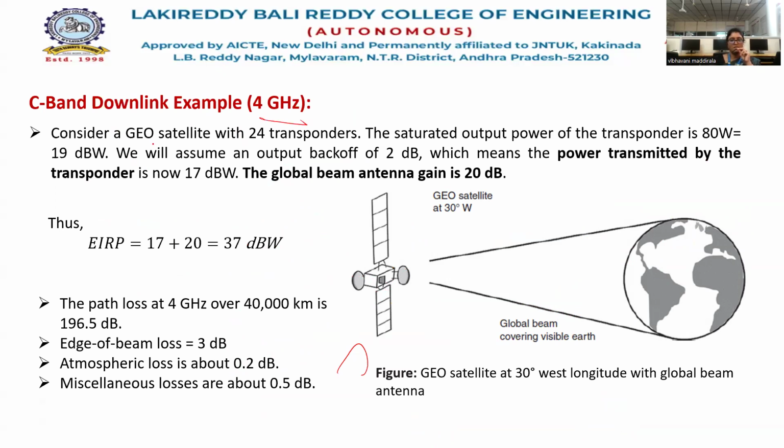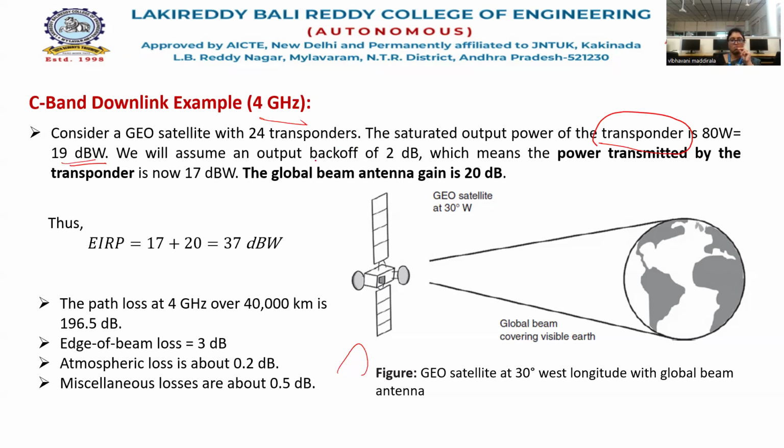So here consider a geosatellite with 24 transponders. The saturated output power of the transponder, which is located in the satellite, is 80 watts, and converting it into dB we get 19 dBW.